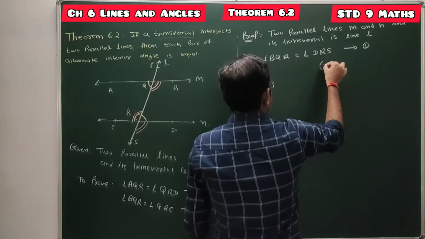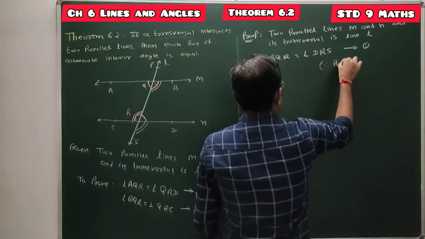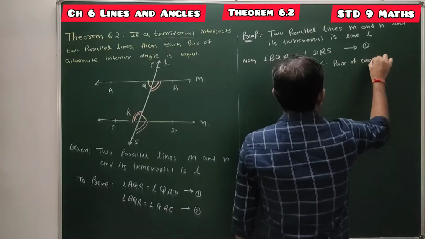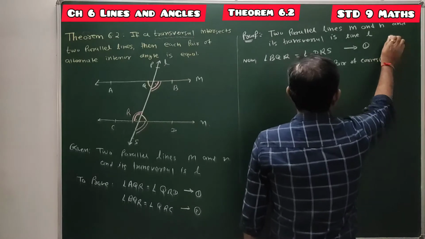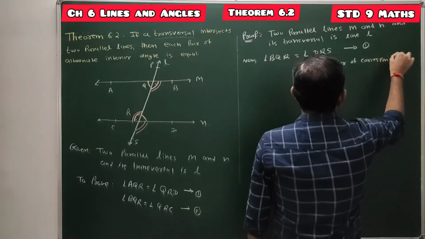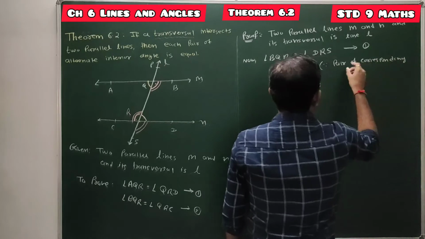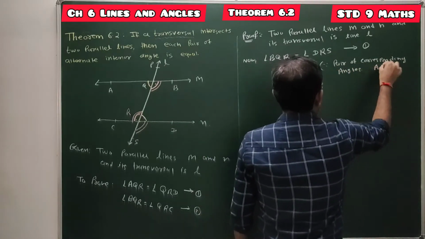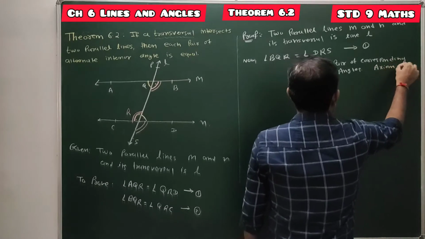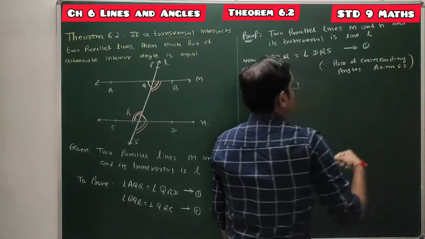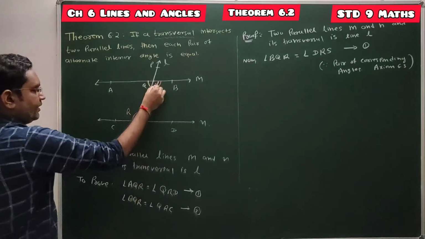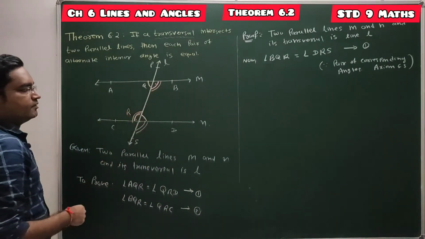Because these are a pair of corresponding angles. A pair of corresponding angles are equal. That is our axiom number 6.3. Axiom means a property that you have to accept without proof. So here a pair of corresponding angles are equal. This is our first result.